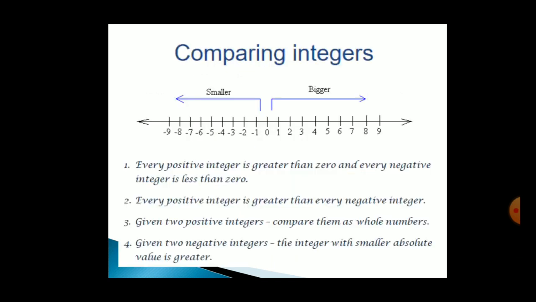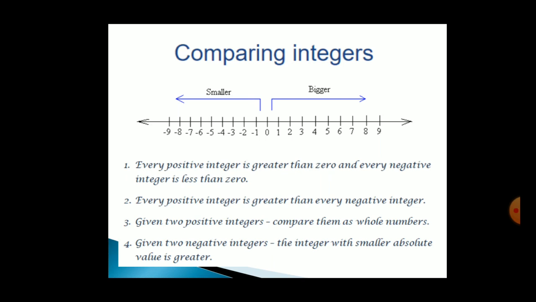Let's compare the integers. You can see here the number line. The numbers are plotted here, with 0 in the middle. From 0 to the right side, these are the positive integers. So, we can say that from 0 to the right side, it is increasing order.